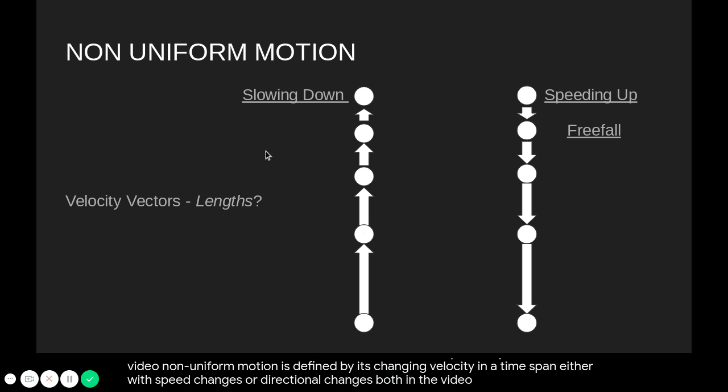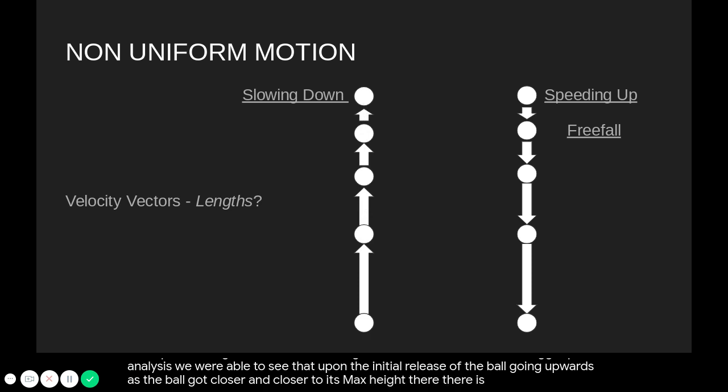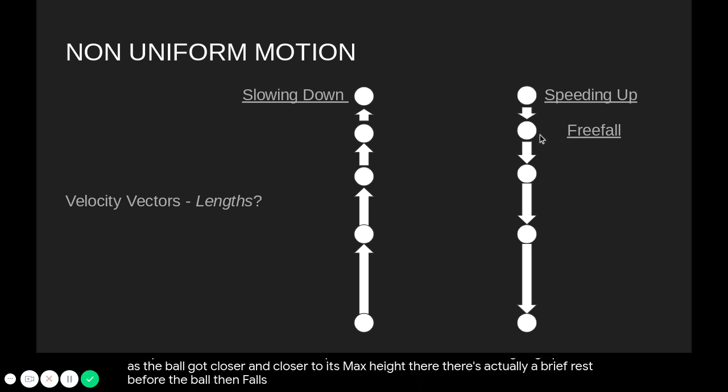In the video, after the Logger Pro analysis, we were able to see that upon the initial release of the ball going upwards, the velocity vectors shortened as the ball got closer and closer to its max height. There is actually a brief rest before the ball then falls back down.